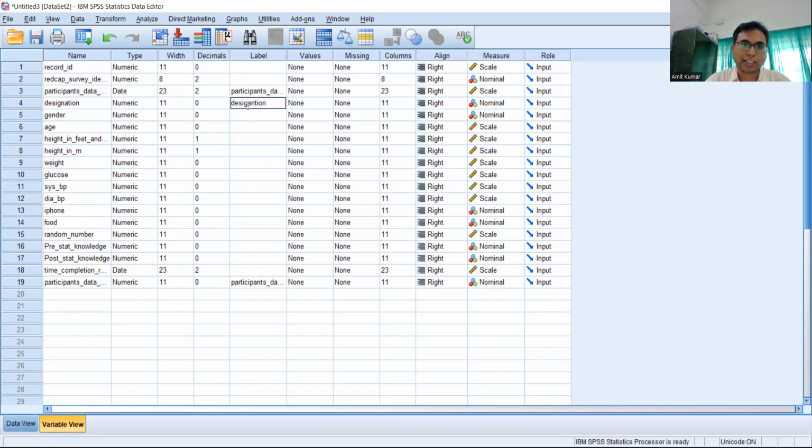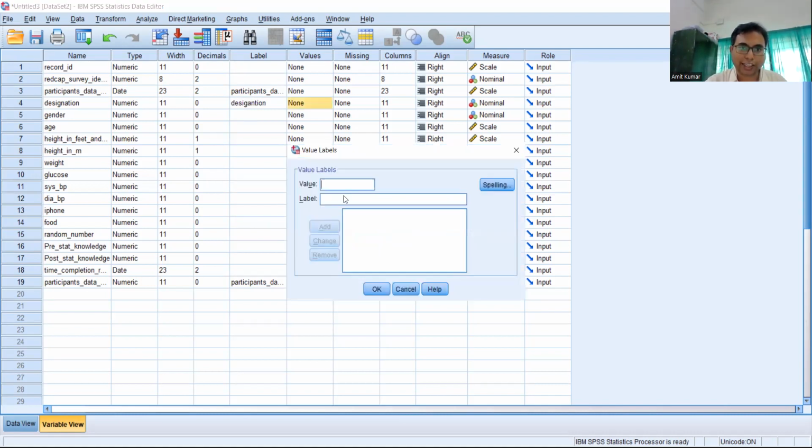So here you can write the designation, and here you will have to give the values. If you click it here, you can fill in what the values mean. Suppose 1, I have given the code for the professor, so I will write professor for 1.